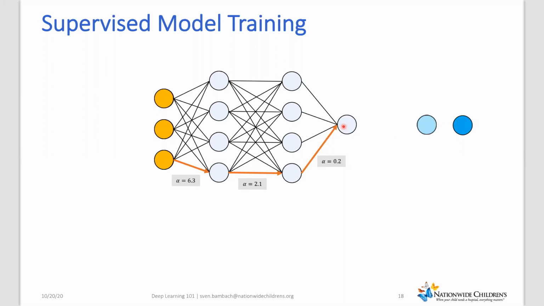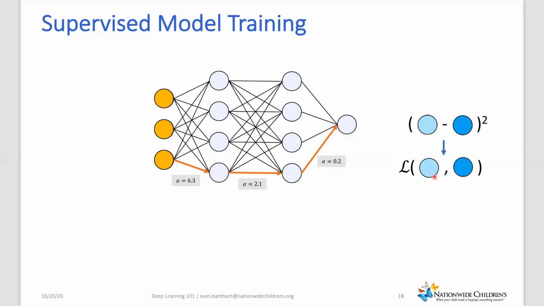What we can then do is compare the actual output of the model to the desired output of the model and compute how much it's different. We can, for instance, take the square difference between the two, right? In general, the function that compares the actual output with the desired output is called a loss function. Call it L here for loss function.